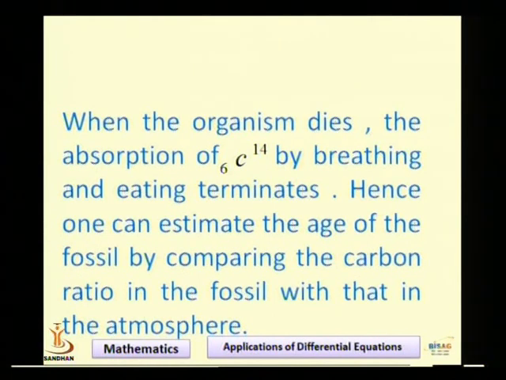Now what happens when the organism dies? The absorption of this radioactive carbon through breathing and eating terminates. Hence one can estimate the age of the fossil by comparing the carbon ratio in the fossil with that in the atmosphere.